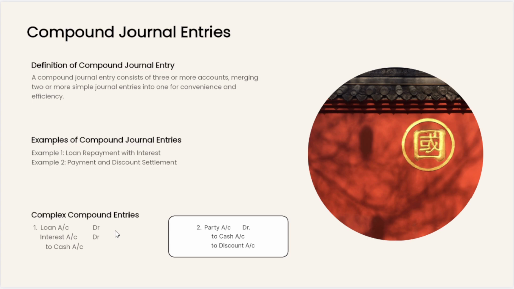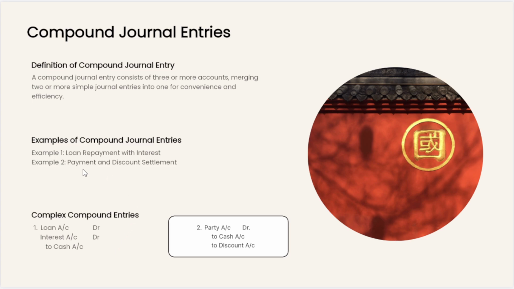By repaying we are also paying some interest. Interest is a loss, a nominal account, and the golden rule of a nominal account is to debit all expenses and losses. So interest we debited, and to the cash account. Otherwise this would be two entries: loan account debit to cash account, interest account debit to cash account. We paid loan and we paid interest. But instead we make one entry: loan account and interest account debit to cash account.